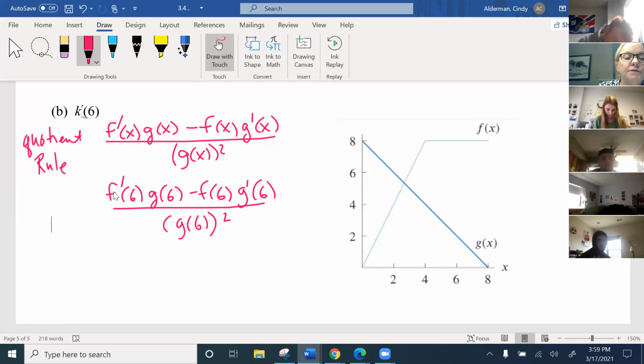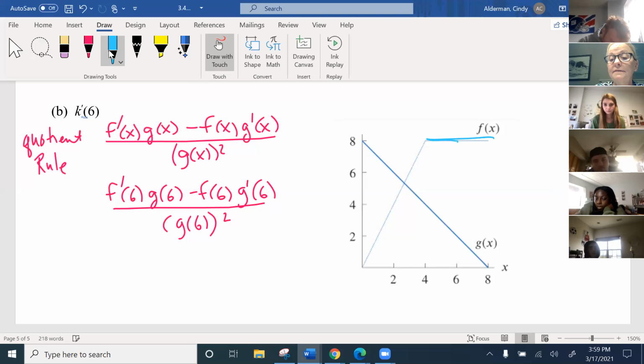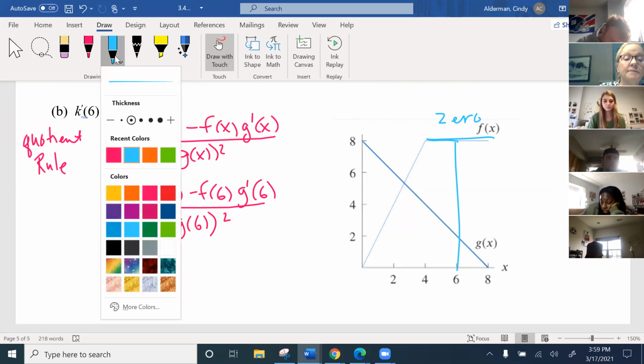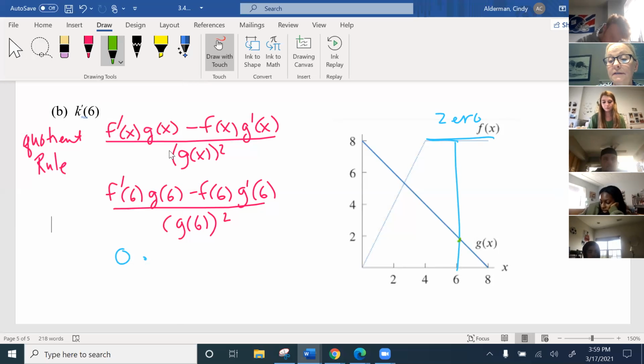All right, so f prime of 6 means the slope of function f at 6. So let's see, function f at 6, the slope at 6 is 0. Then g of 6, let's see, on the g function, g of 6 is 2.